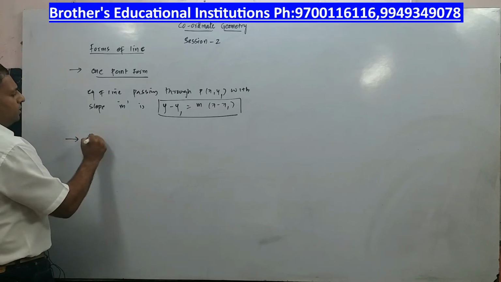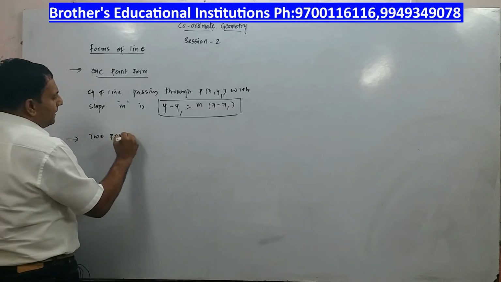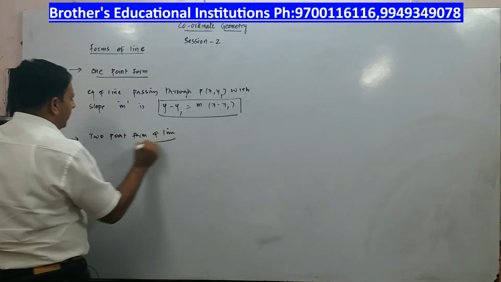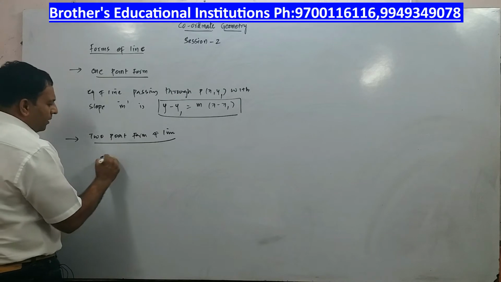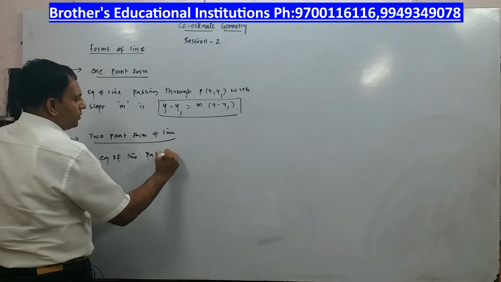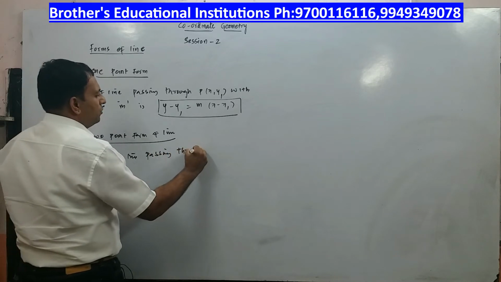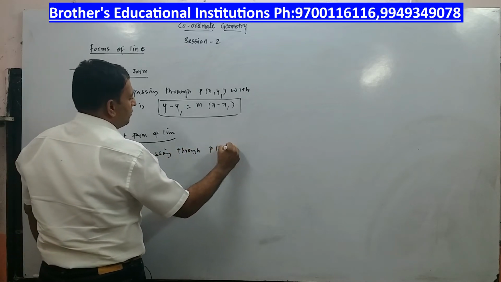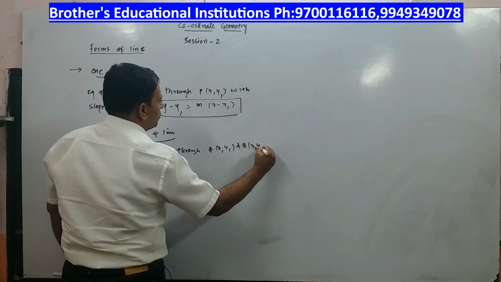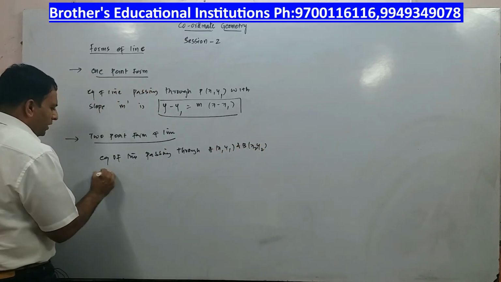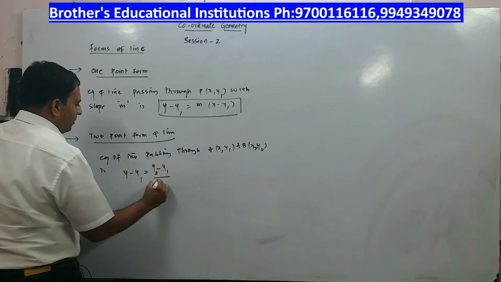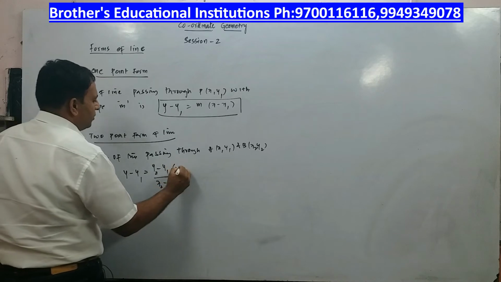Now next is 2 point form of line. Now what is 2 point form? I will write equation of line passing through P x1 y1, or I can say A x1 y1 and B x2 y2, x2 comma y2 is y minus y1 is equal to y2 minus y1 by x2 minus x1 into x minus x1.